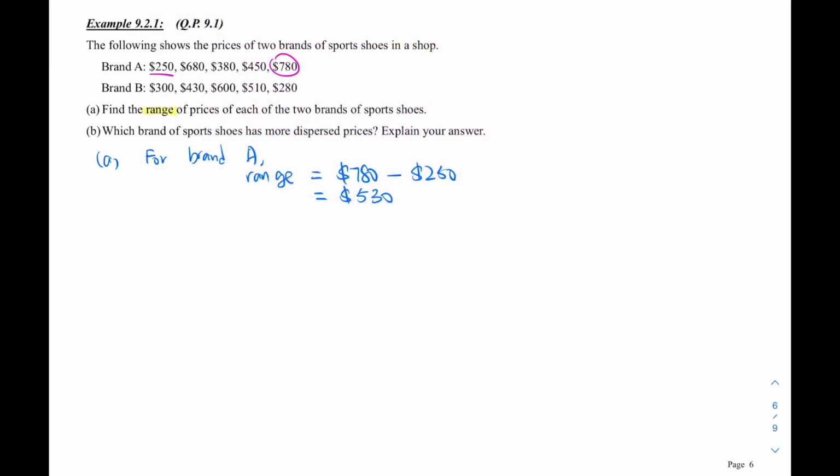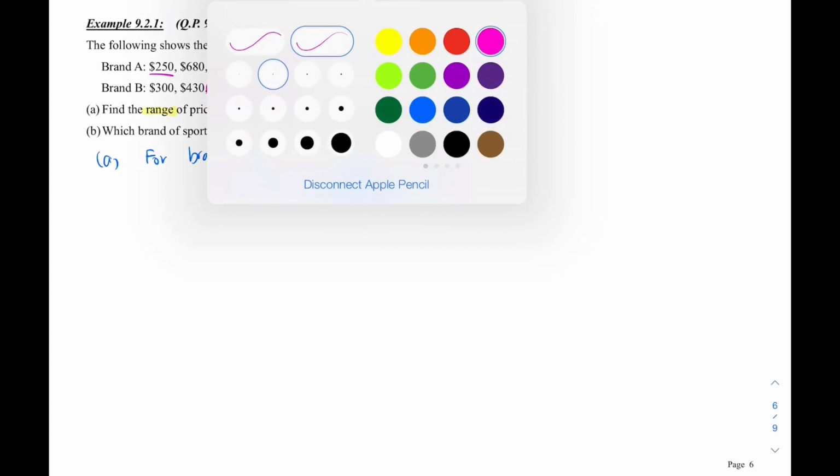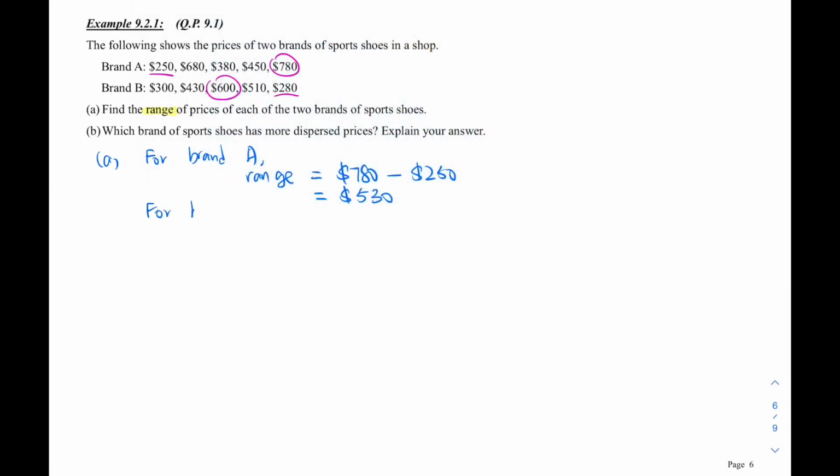For B, please pay attention that the data are not arranged in ascending order. So here, the smallest is 280 and the largest datum is 600. So for brand B, the range is 600 minus 280, and so the answer is 320.